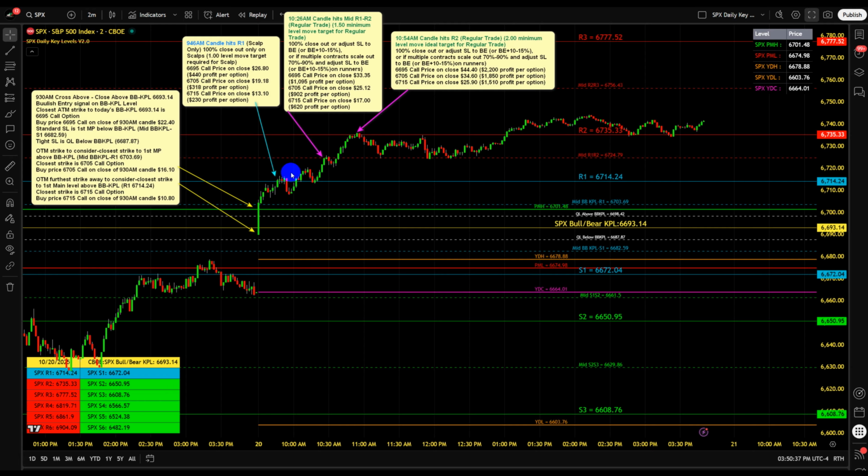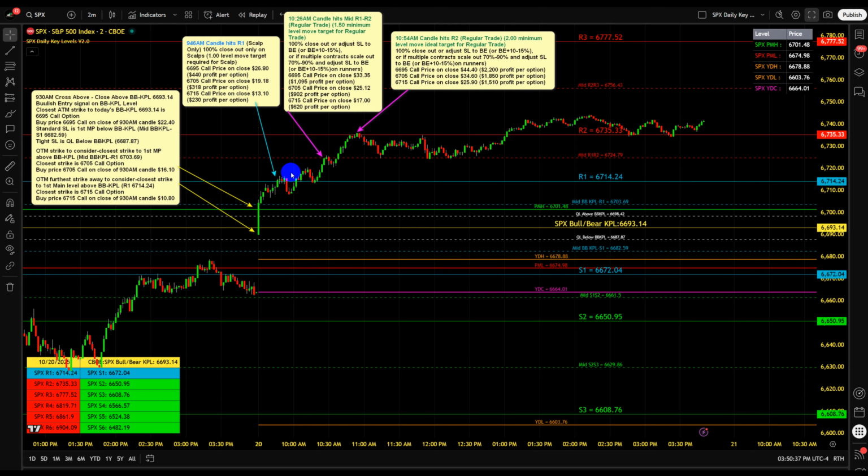Okay, so now what about out of the money strikes? What if you don't want to use an at the money strike and you prefer an out of the money strike for various reasons? One reason could be the cost. It's going to be less cost, so there's less overall money at risk. However, with out of the money options, you also have to remember that price has to move further, at least to begin with, to get the same amount of profit as you would with an at the money.